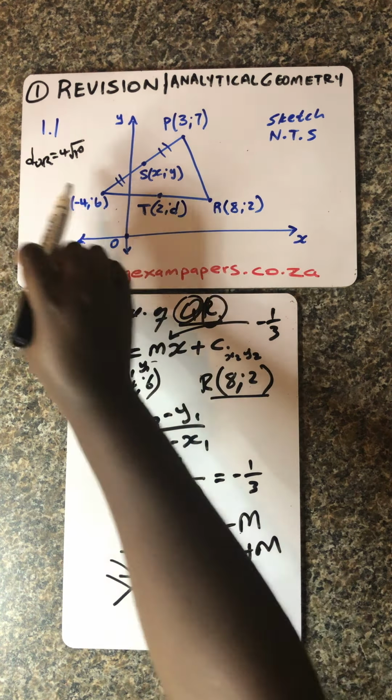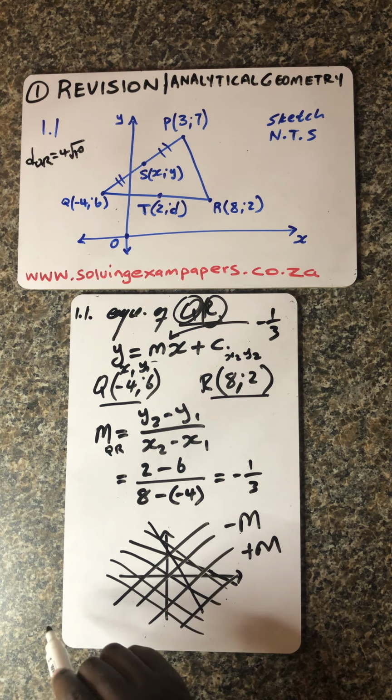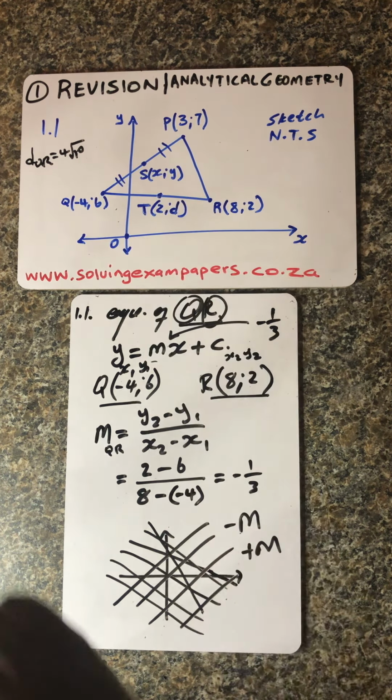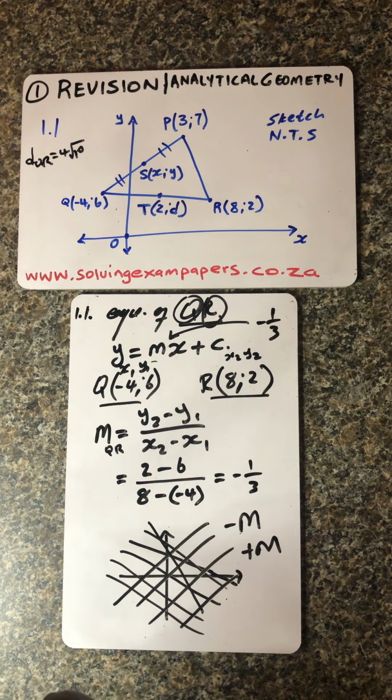What about that line, ladies and gentlemen? Obviously it's almost like that, so still it gives us a negative gradient. What about QP? That means QP has to give us a positive gradient. Very, very much important. This is just a tip that I thought about a few minutes ago and thought it's worth sharing with you.